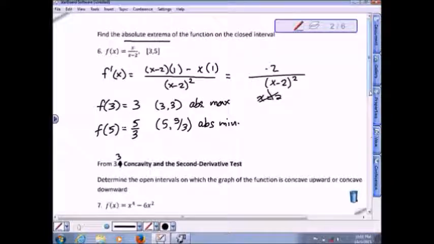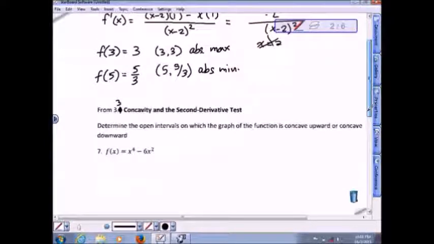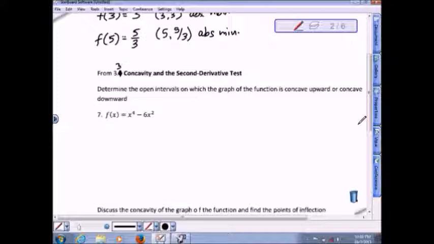That brings us to 3.3, where we talk about concavity and the second derivative test. They're performed similar to the first derivative test. So in question 7, we start with the first derivative, which we use to find the second derivative and set that equal to 0 to find points of inflection. Points of inflection are where the graph switches from concave up to concave down or vice versa.